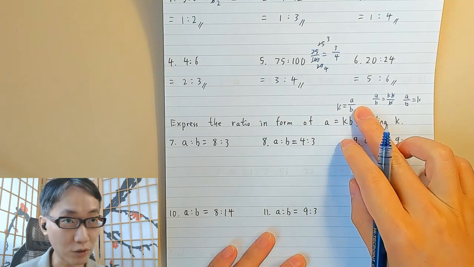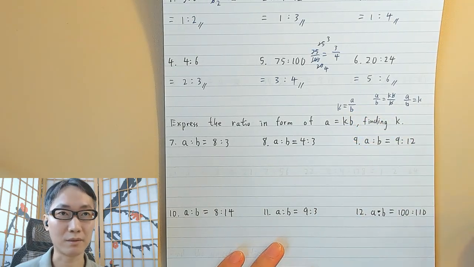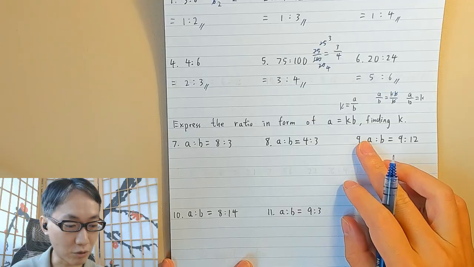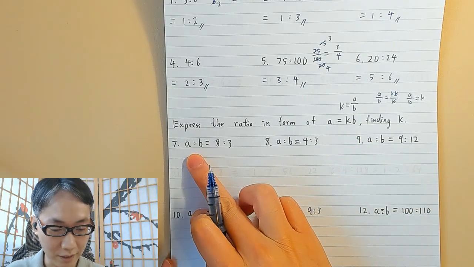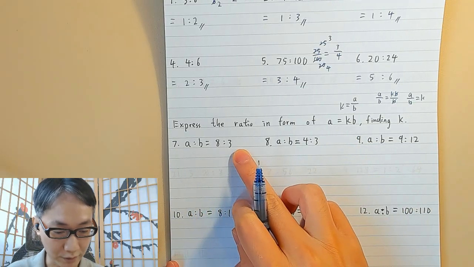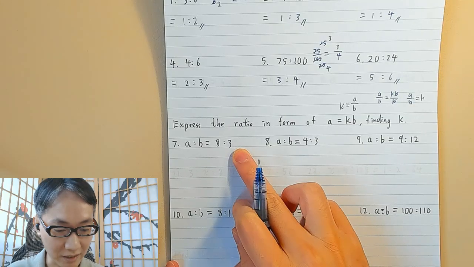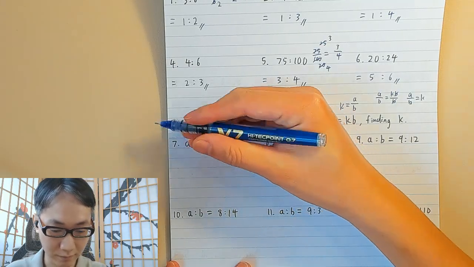Then K is equal to A over B. Now we know that K is equal to A over B. In here, A over B is 8 over 3. So which means K is equals to 8 over 3.